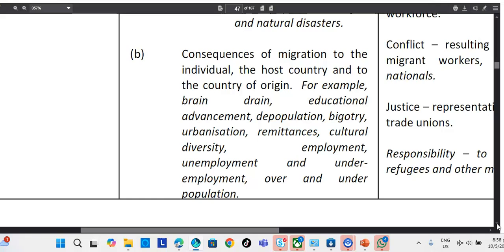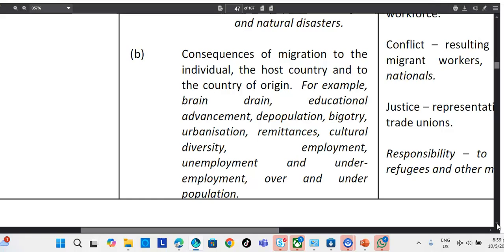And we can look at employment and unemployment. So when you migrate, you leave a spot at your workplace where someone else who was unemployed can fill that spot. What else? We did look at remittances already. Overpopulation.